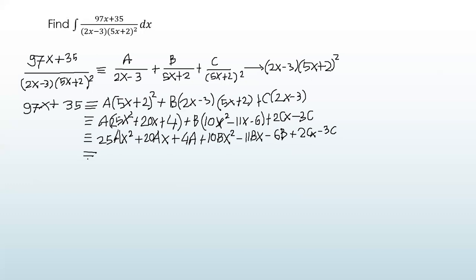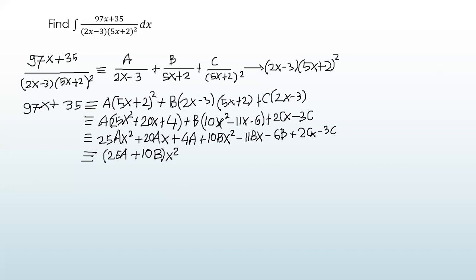And next step, factorize x squared and x squared: 25a plus 10b, x squared.